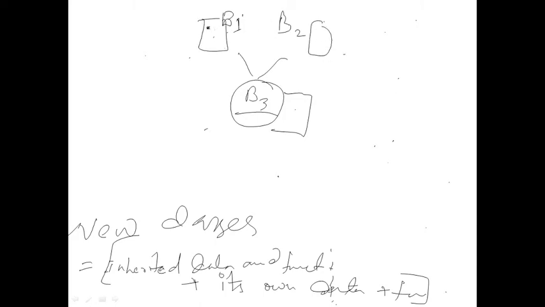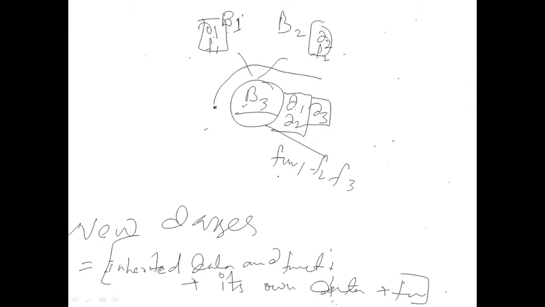Suppose this is the property D1, and here D2, and here D1 and D2 are inherited from B1 and B2, and its own D3, its own new data member or property, and it has some functions, function 1 and function 2 from B1 and B2, and its own function 3. So this way, this B3 will be a new class created out of these two base classes B1 and B2. So this is another classic example of inheritance.